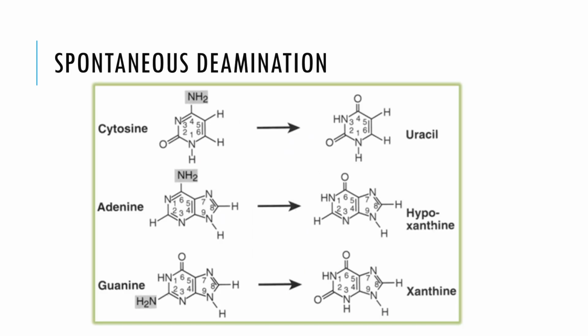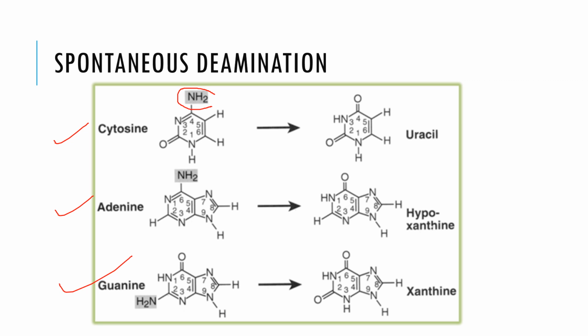Next is spontaneous deamination. In case of spontaneous deamination, there is removal of the amino group from cytosine, adenine and guanine. Cytosine, adenine and guanine have the amino group.